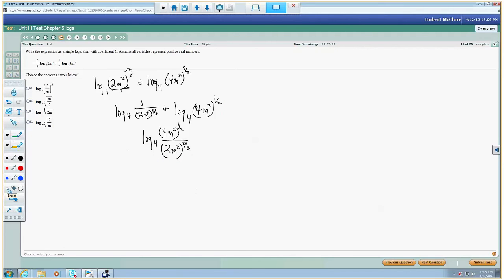And then that's going to give me log base 4 of 4 to the 1/2 m to the 2 times 1/2 over 2 to the 2/3 m to the 2 over 1 times 2/3.